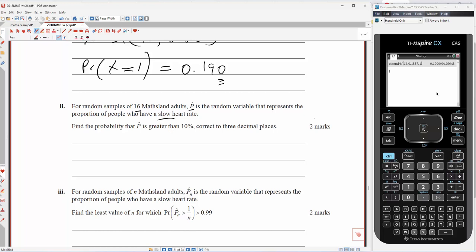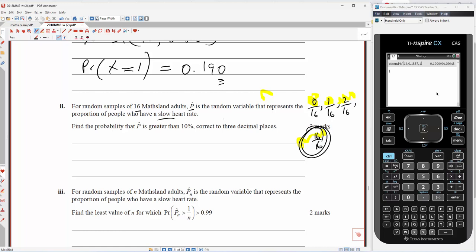We could have none out of 16 with a slow heart rate, 1 out of 16, 2 out of 16, all the way to 16 out of 16, just by some freakishly weird sample where all of them have a slow heart rate. But we know that this value here, 0, 1, 2, up to 16, is a binomial random variable, and that's what we've defined up here. So that's going to be binomially distributed.